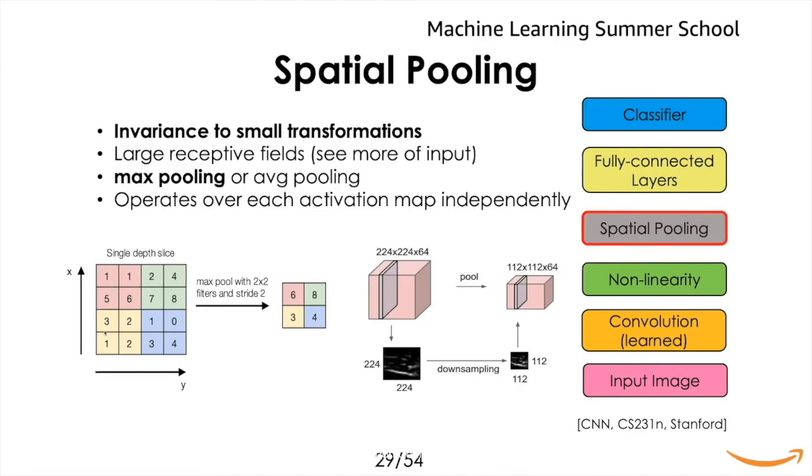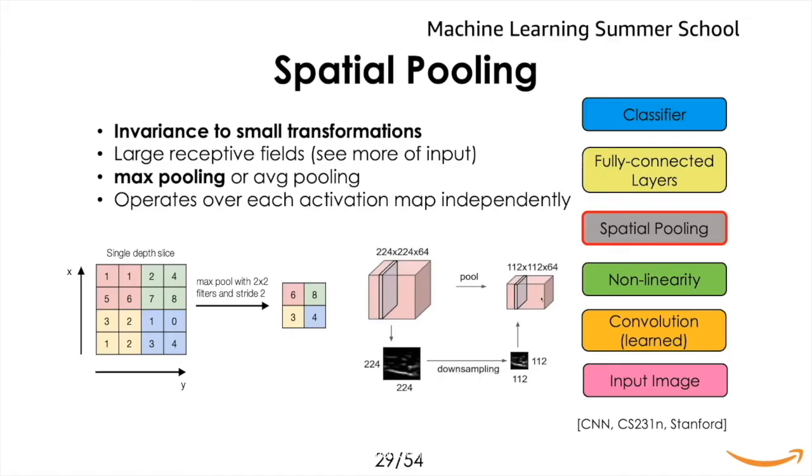Move vertically by 2 pixels, and you come to this block, max of 3, and here the max is again 4. So this is your output. You can see that max pooling reduces the dimension of the output. If you have an image block of 224 cross 224 with 64 channels, pooling will reduce the dimension to 112 cross 112 cross 64.